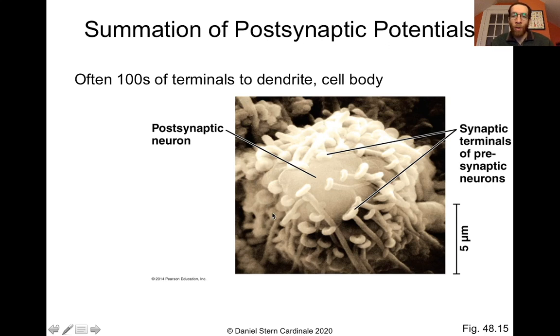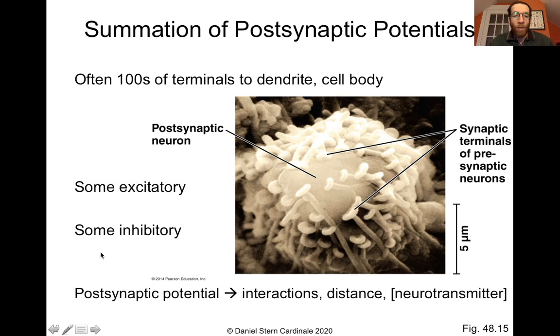Here is a micrograph of the cell body of a postsynaptic neuron with hundreds of synaptic terminals associated with it. These are sometimes going to send signals that amplify each other, and sometimes the signals are going to be antagonistic to each other, and the receiving cell is going to have to make sense of all of those conflicting signals. The resulting net postsynaptic potential is going to be a product of three main things.